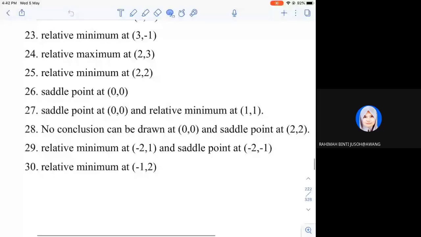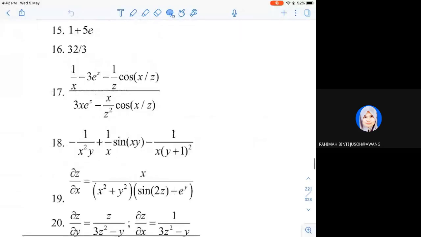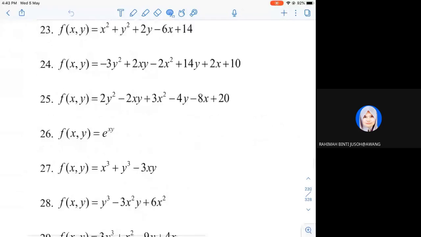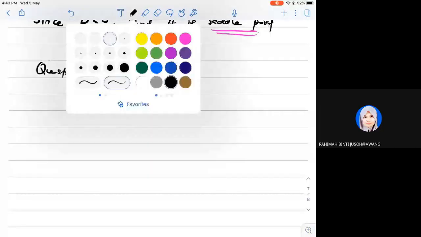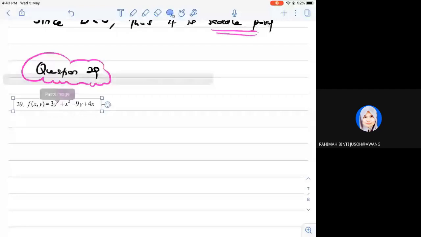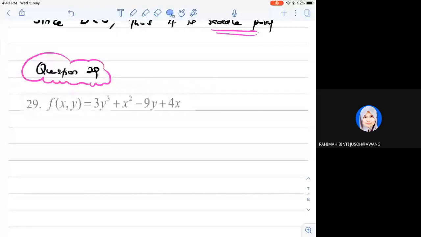Saya nak yang ada dua-dua ada nilai. So, kita tengok question 29.